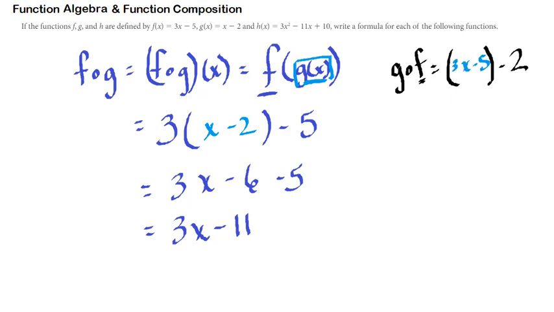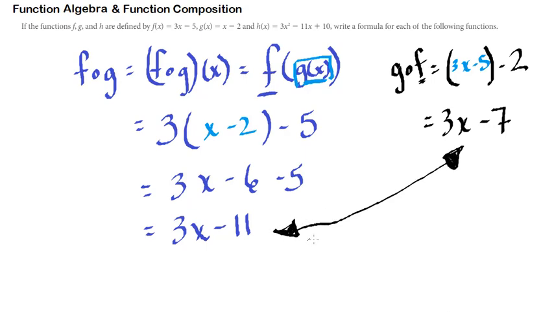And then I would simplify. So this one is going to be 3x minus 7. I want you to note that f of g and g of f are not the same thing. So function composition is not commutative.